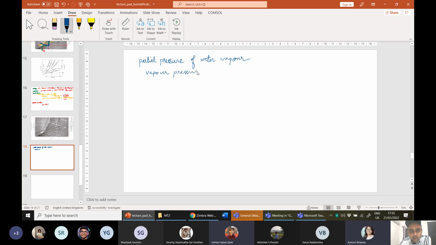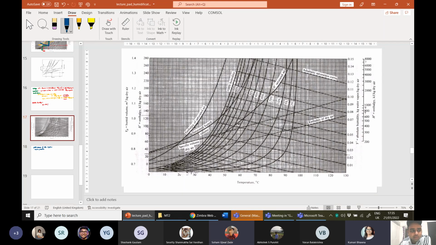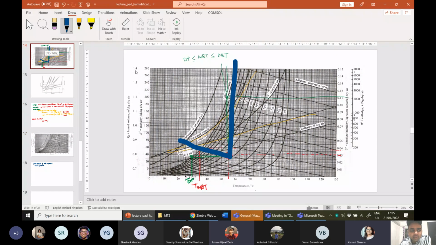How will you reach the 100% relative humidity point? The 100% humidity line here is the same as the 100% relative humidity line. But that doesn't mean the rest of the percent humidity lines are the same as the relative humidity lines, isn't it?